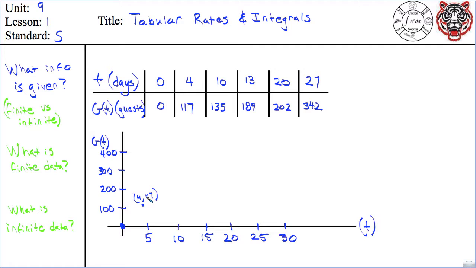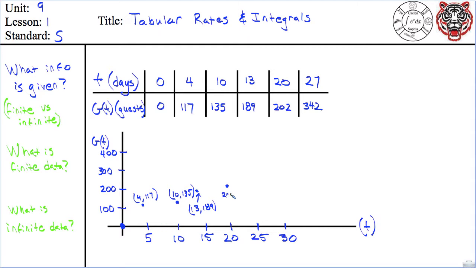And then it goes to 10, 135, right about there. And then we go to 13, 189. Ooh, I'm running into myself, but it should be right about there. And 20, 202.